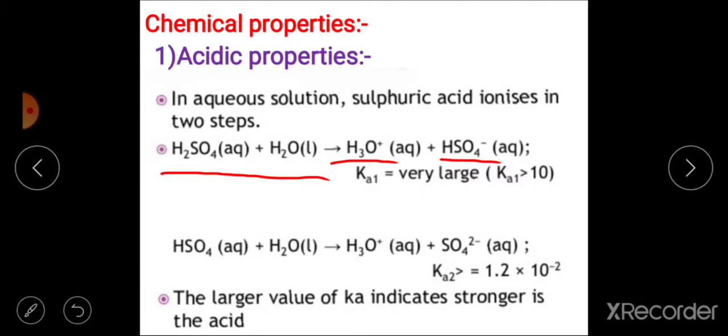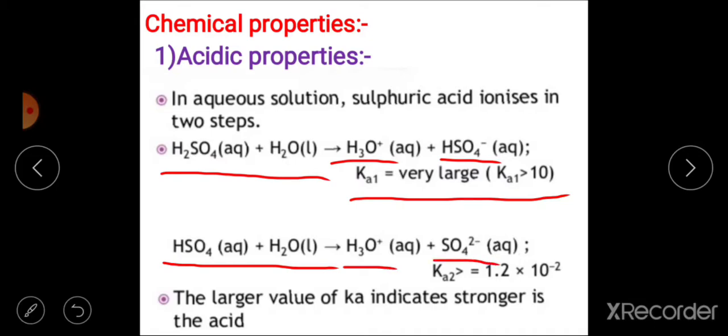The Ka1 is very large for this reaction, which is greater than 10. Then in the second step, this hydrogen sulfate ion HSO4- reacts with another molecule of water to form hydronium ion plus sulfate ion, SO4 2-.